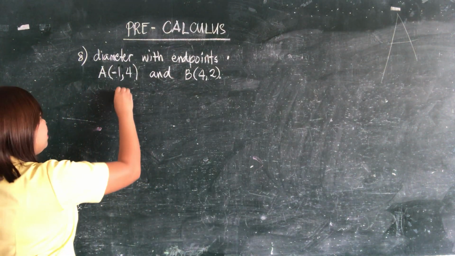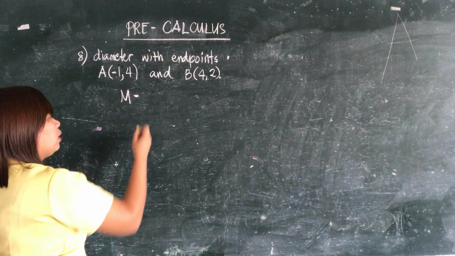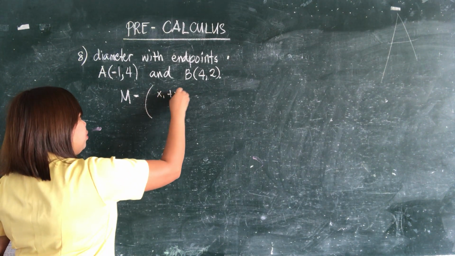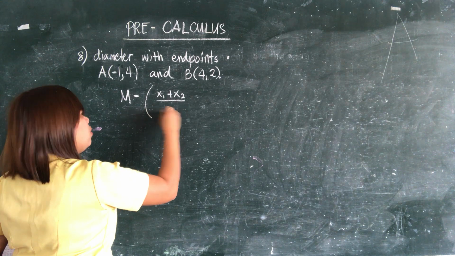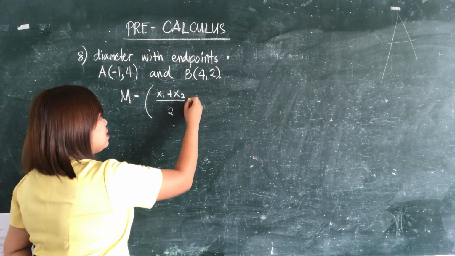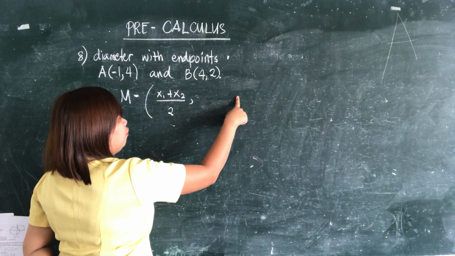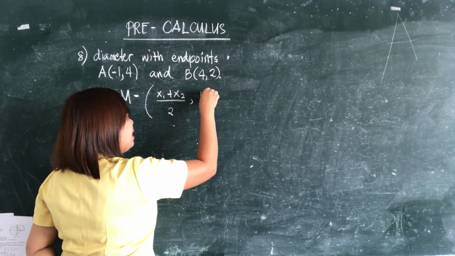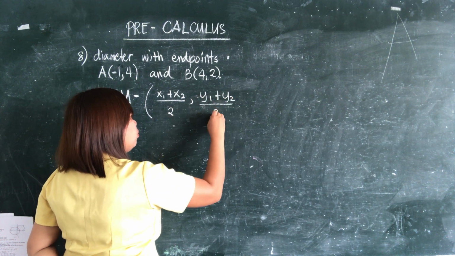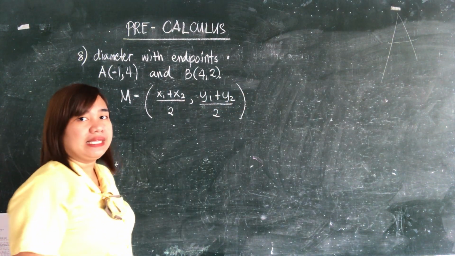So let us try to recall what is the formula in getting the midpoint of a line. So midpoint M is equal to x sub 1 plus x sub 2 divided by 2. That is to get the value of x. For the y value, we will have y sub 1 plus y sub 2 divided by 2, then close parentheses.